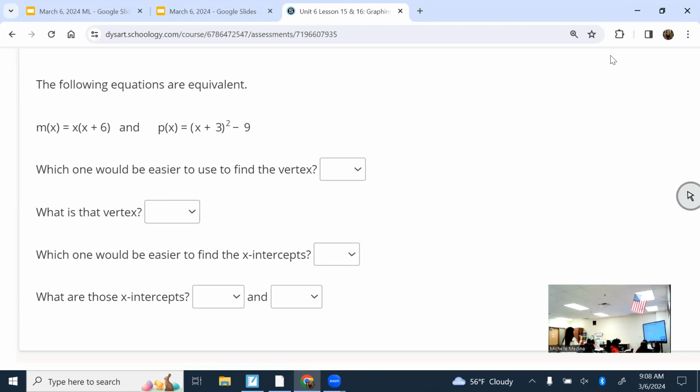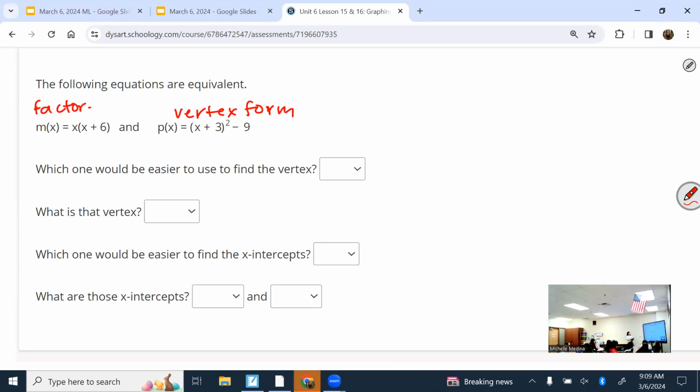Standard is where it's all simplified and you can't multiply anything out. And this one I can distribute, so it's not standard form. Vertex form is this one. So then this one on the left must be factored form.